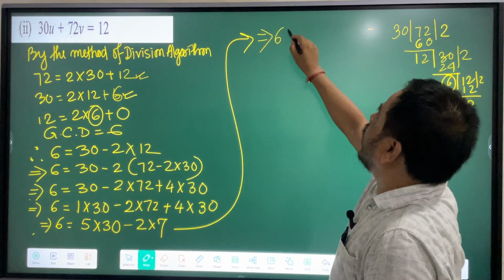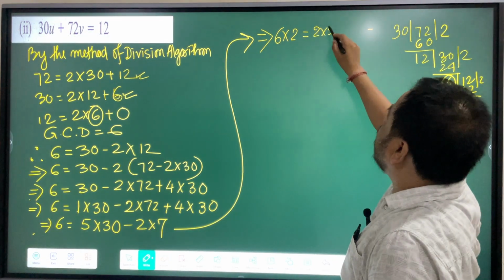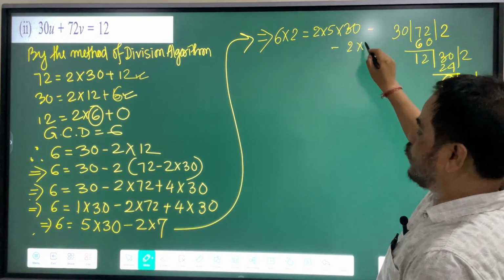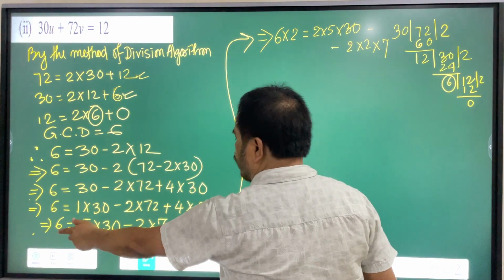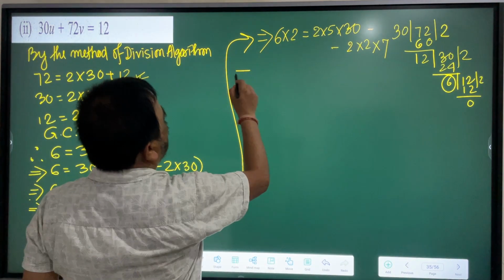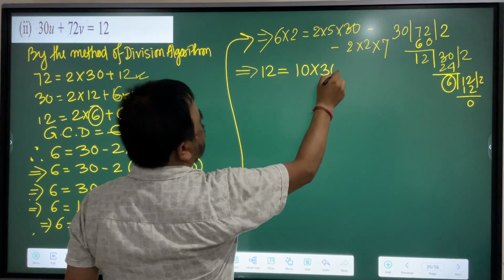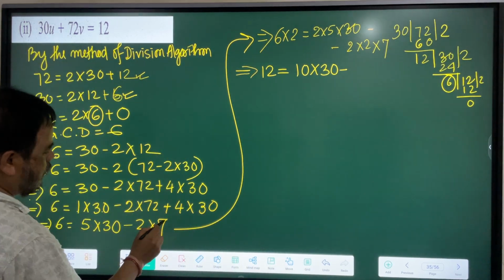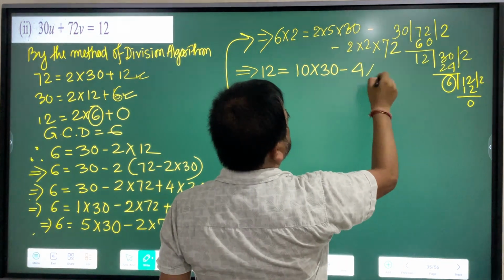So that we get 12. 6 into 2, 2 into 5 into 30, minus 2 into 7. Both sides multiplying by 2. Why? 6 into 2 is 12, because there is 12. Okay, so 12 is equal to 10 into 30 minus 4 into 72.